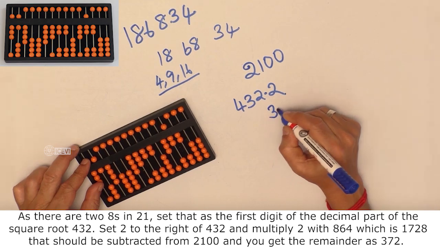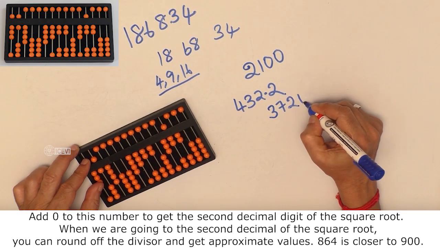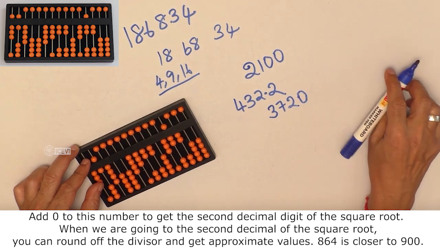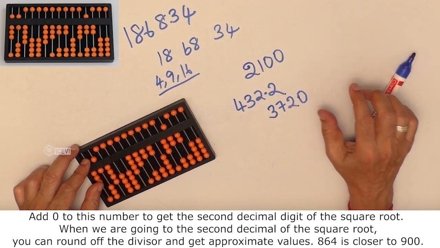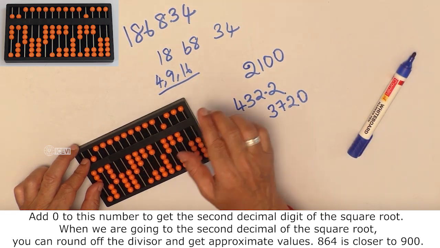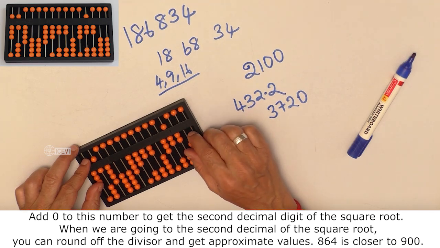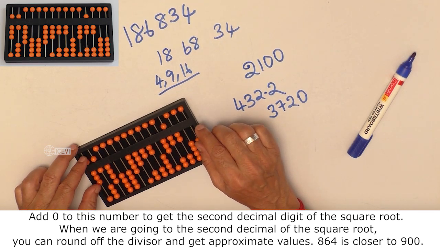The remainder is 372. Now add 0 to this number to get the second decimal digit of the square root. When we are going to the second decimal of the square root, you can round off the divisor and get approximate values.